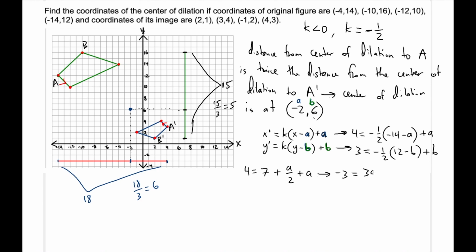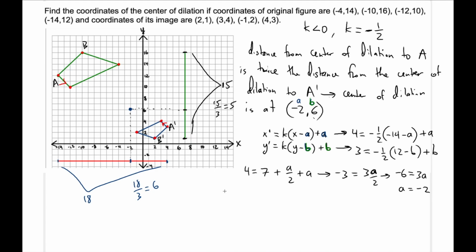That's 3A over 2. Multiply both sides by 2, or you can divide by 3, whichever you want. This is going to be -6. All right, so -6 equals 3A. So A, dividing both sides by 3, is -2. Bingo, that's good news, right? The A is already verified. It's -2. Algebraically it matches with the graph.